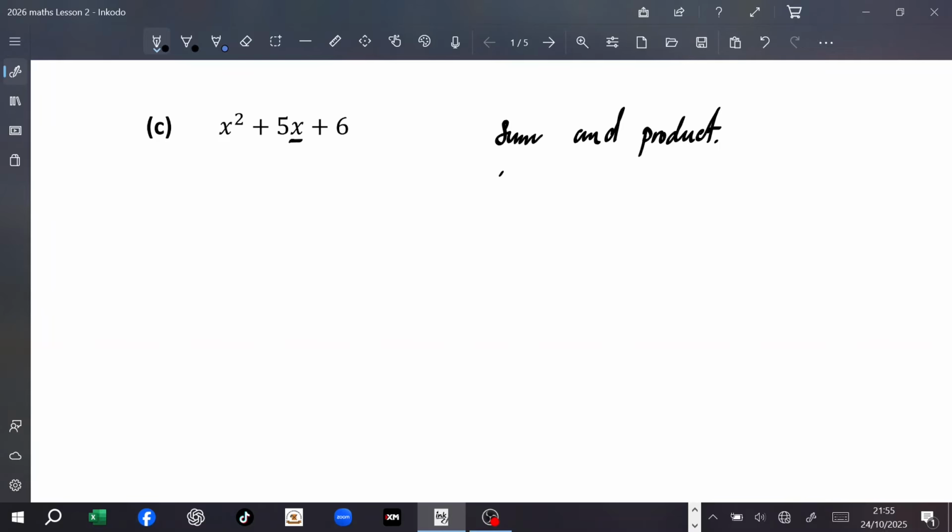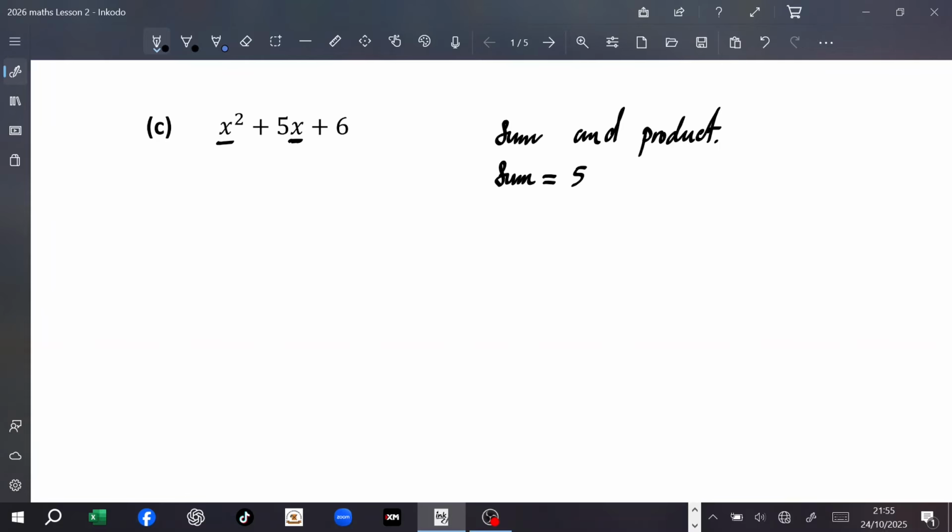So in this question, sum is 5. Product is what you get when you get the coefficient. Oh, sorry, a coefficient is a number in front of a letter. Like I said here, the coefficient of x here is this 5 here, a number which is in front.